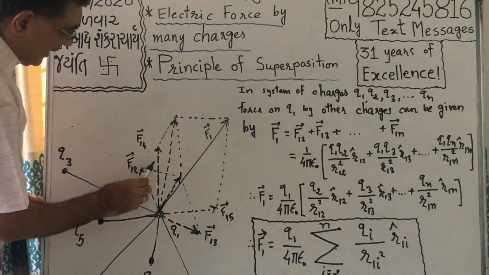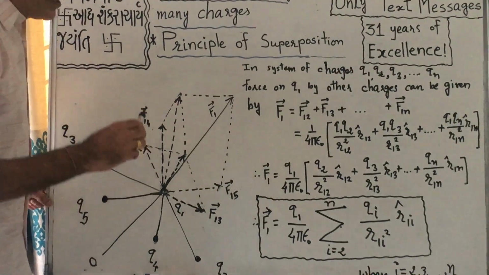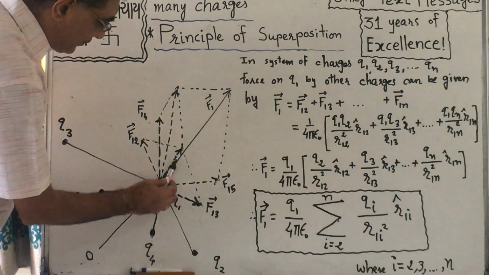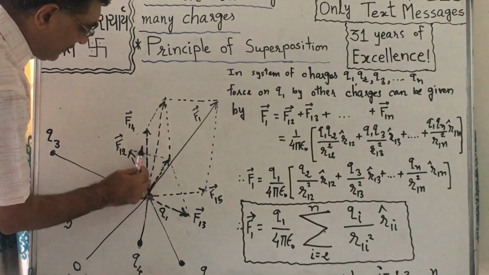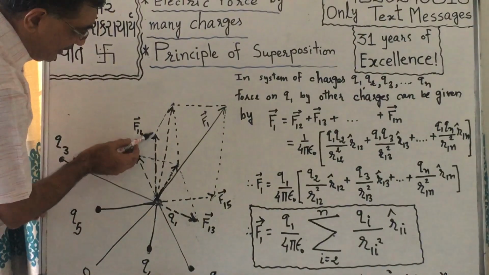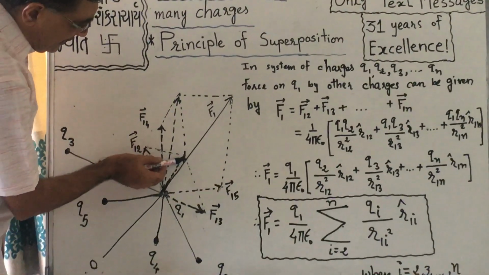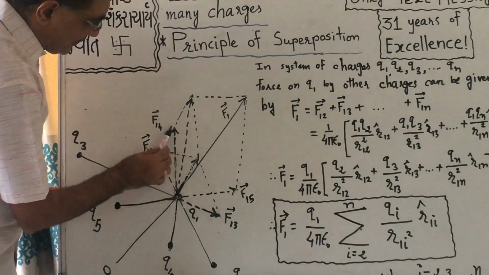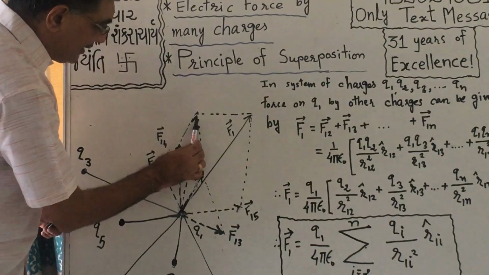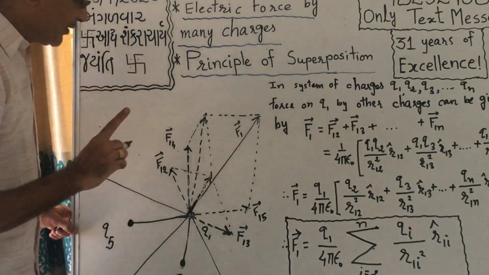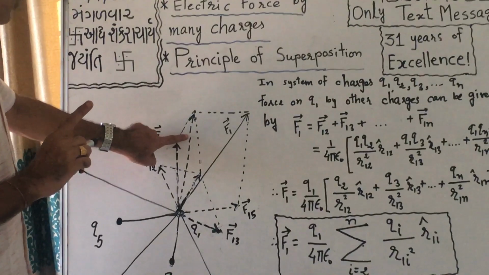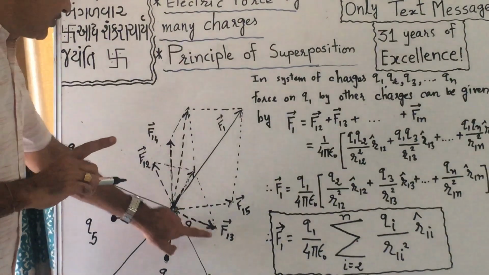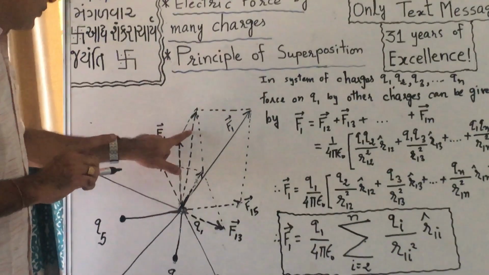Now we have to add this F14 and the resultant of F12 plus F13. Again we prepare a parallelogram here. This side is parallel to this, and this side is parallel to this, and this is the diagonal. This will be the resultant vector of forces F12, F13 and F14.